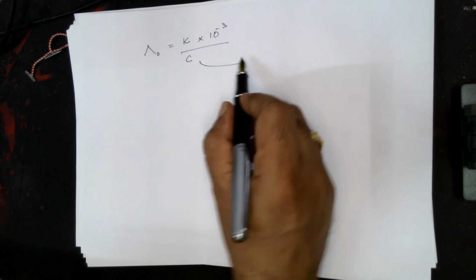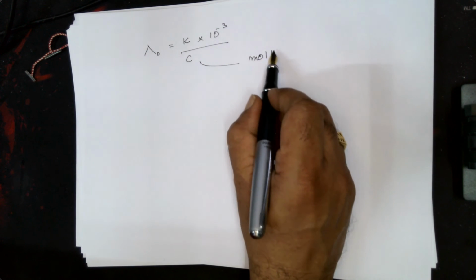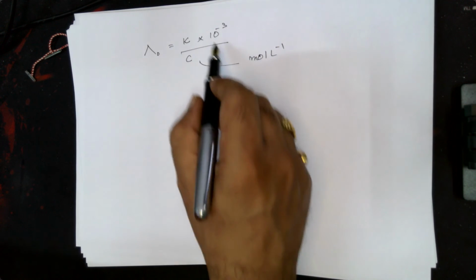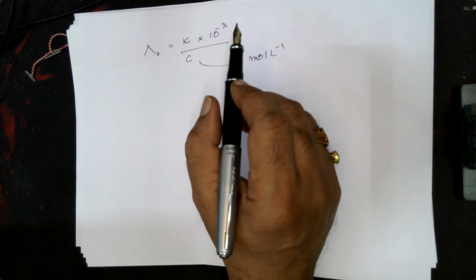Usually this concentration term is in mole per liter, and that is why we have put 10 power minus 3 for liter.